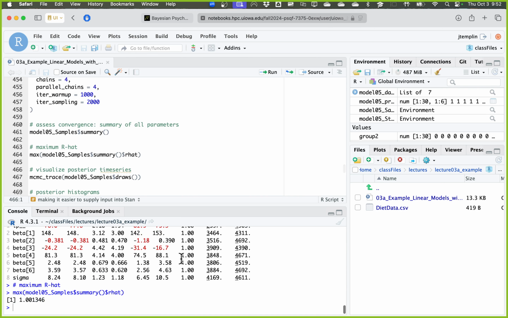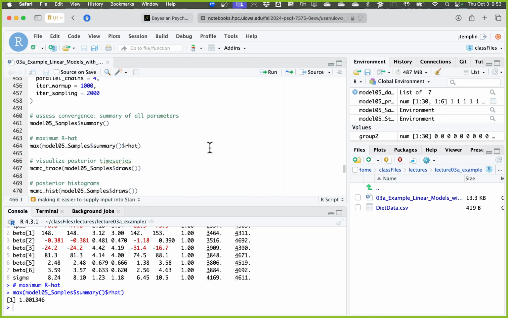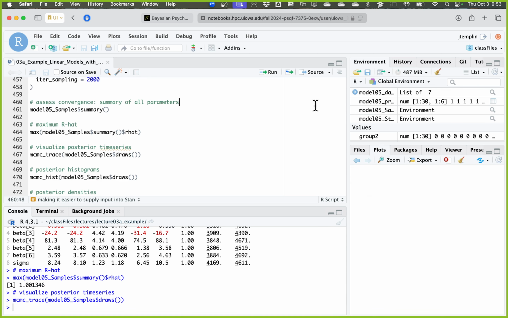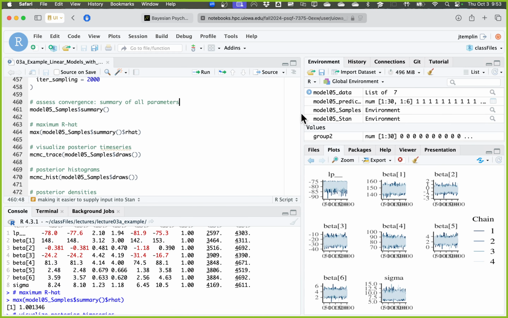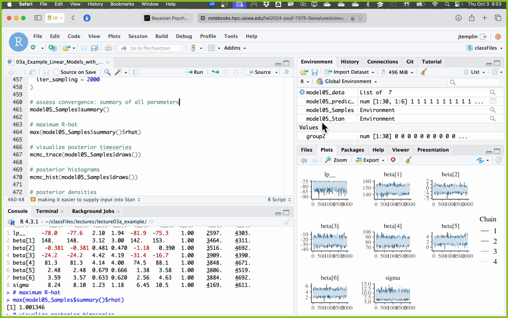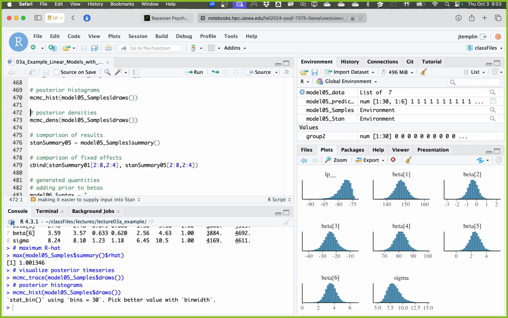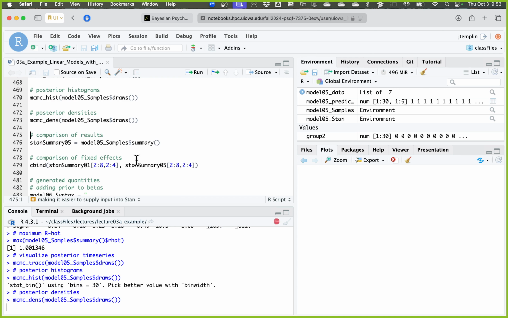The maximum value of R-hat is 1.001346. That is as converged as you can expect. That's really good. We could also take a look at our trace plots, and those look converged. We can see some posterior histograms and posterior densities.